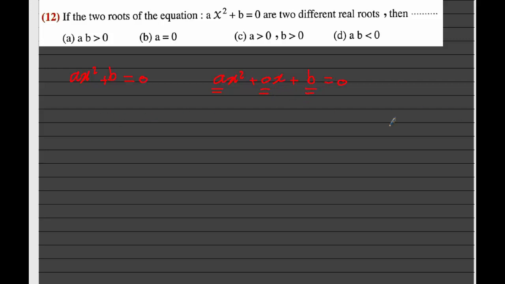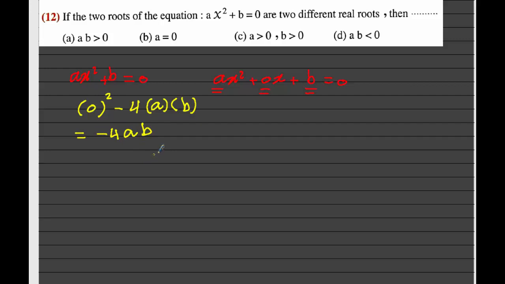So we write the discriminant starting from coefficient of x, so it will be 0 power 2 minus 4 the coefficient of x square a multiply the absolute term, it is b, equals negative 4ab.